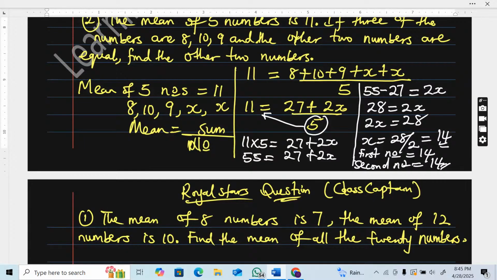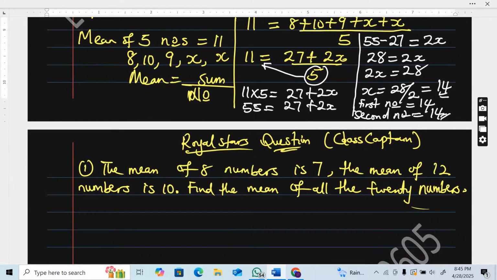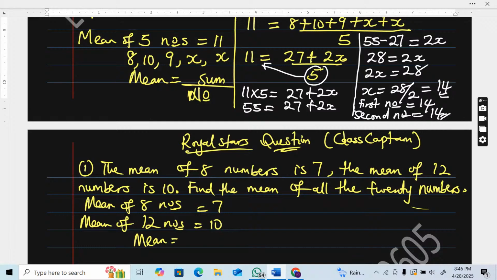All right, so let me give you a clue. The mean of 8 numbers is 7. You write it out. Then the mean of 12 numbers is equal to 10. Find the mean of the 20 numbers. So you have to find the sum, because the formula is mean is equal to sum over number.